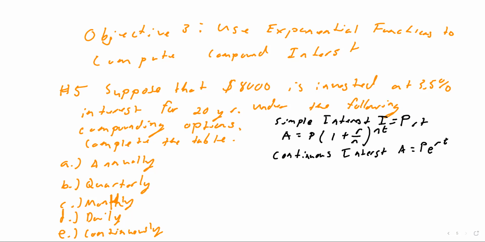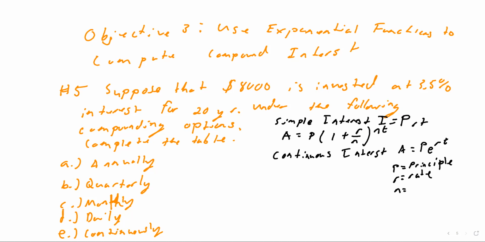Now, here's a couple of things. P represents principal. That's the beginning. So P is principal. R is the rate. Remember, you've got to turn that percent into a decimal by moving the decimal place 2 times to the left.